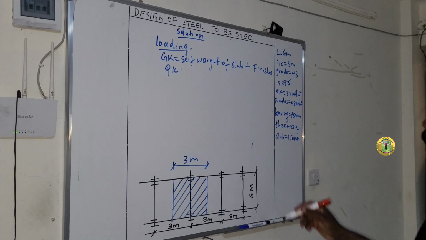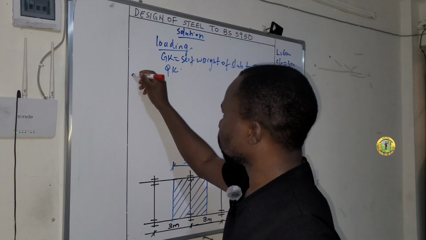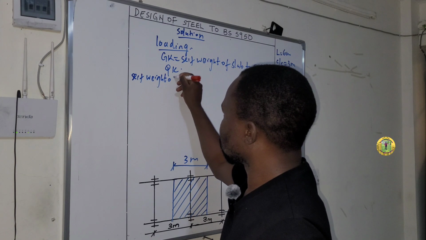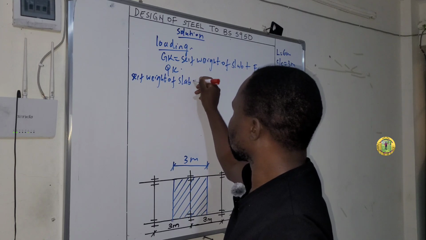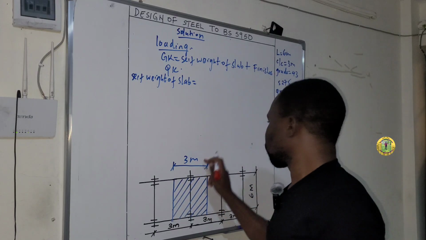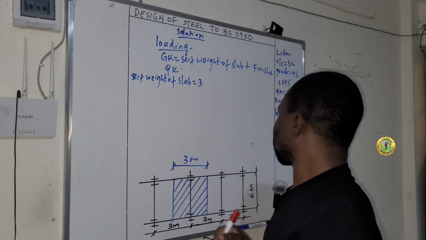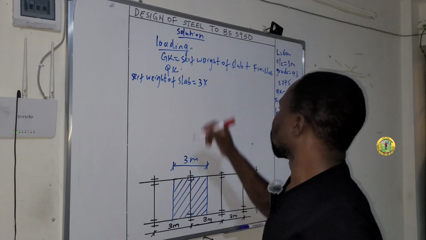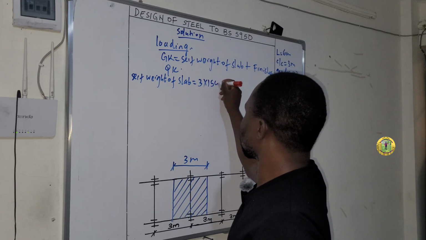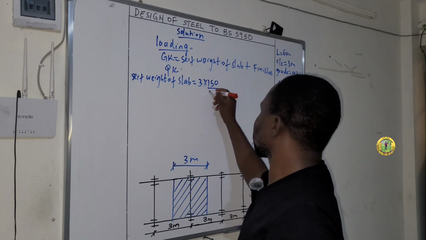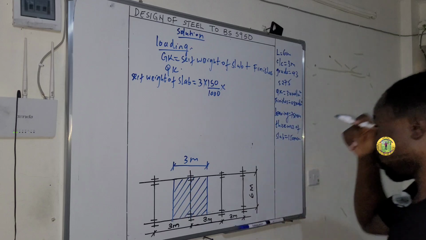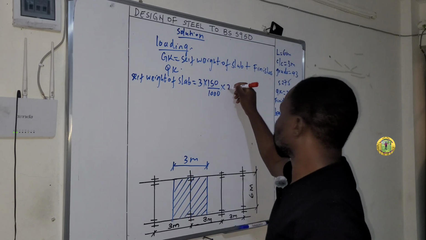So the self weight of slab is equal to, you will take this length 3 times the thickness of slab, which is 150, then you divide by 1,000, then times the unit weight of concrete, which is 24.